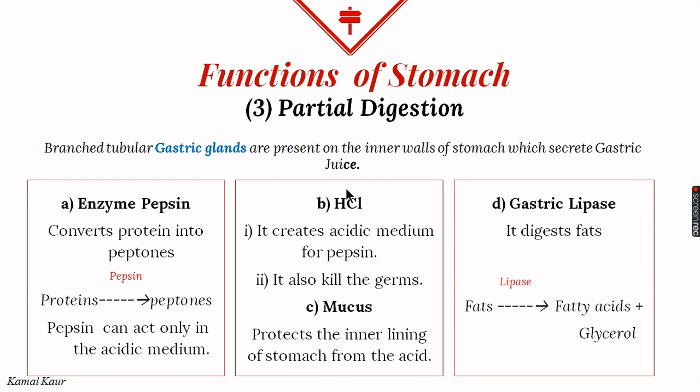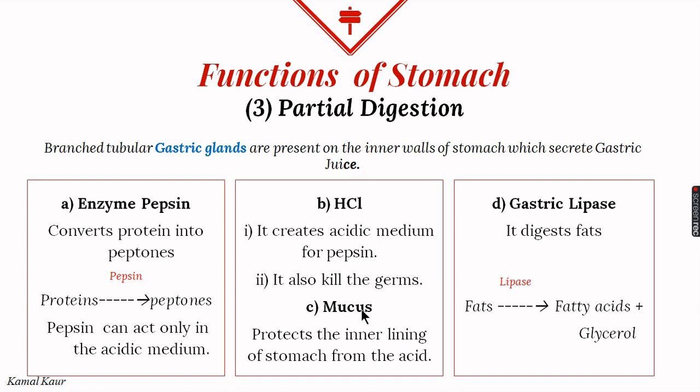Now if too much acid is produced in the stomach, it can harm the inner wall of the stomach or corrode it, or it can also cause ulcers in the inner wall of the stomach. Therefore, another thing is secreted in the gastric juice which is called mucus.